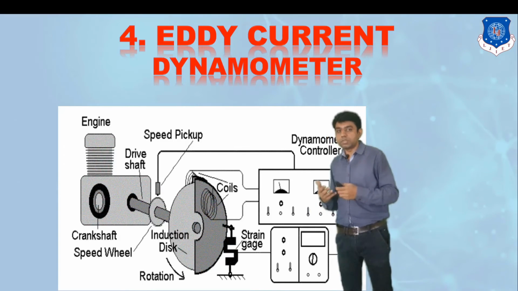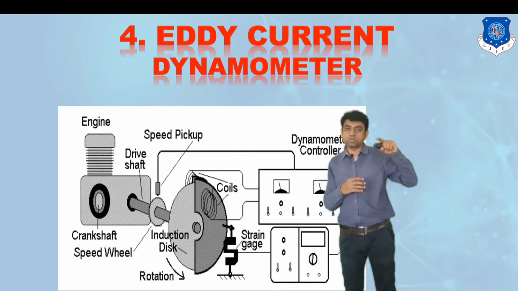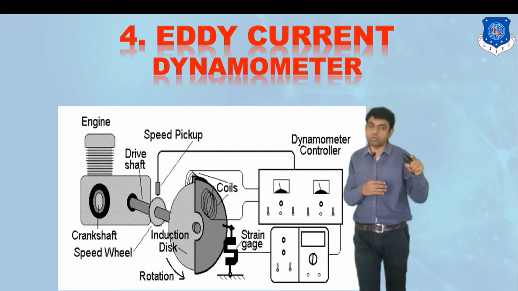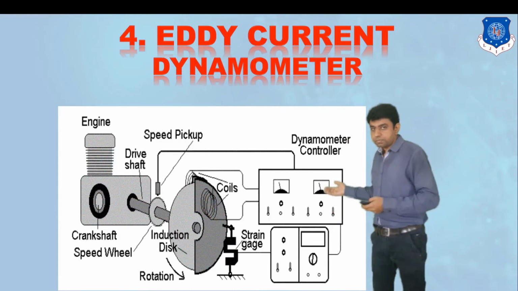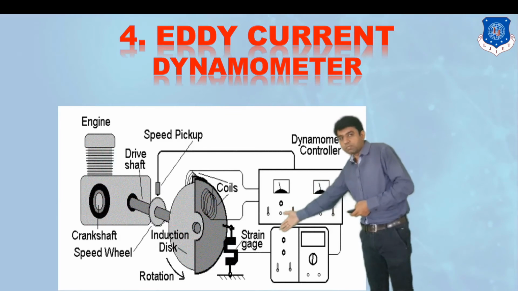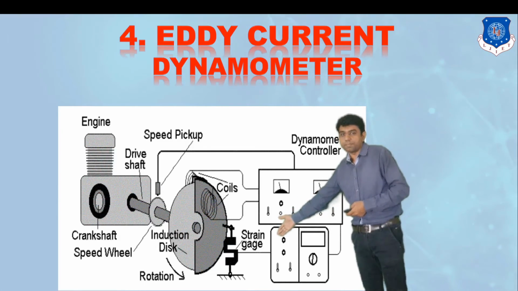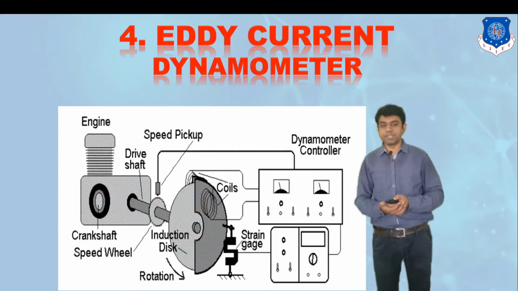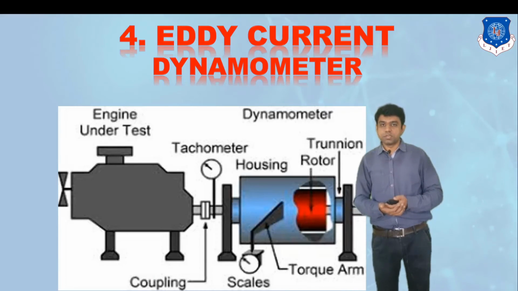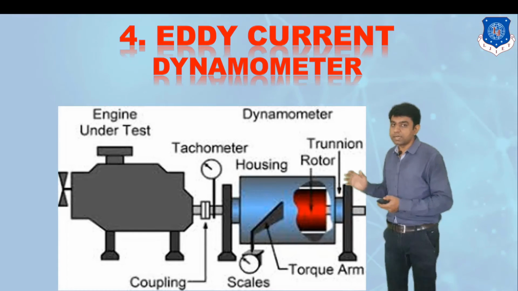So eddy current would be generated that will try to mitigate the source from which it is generated, right? So naturally the stator would try to move, but how much force is required in order to stop that would be measured, which gives the value of torque which is available with the engine shaft. So that's all about this eddy current dynamometer.